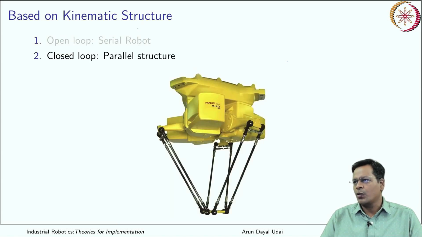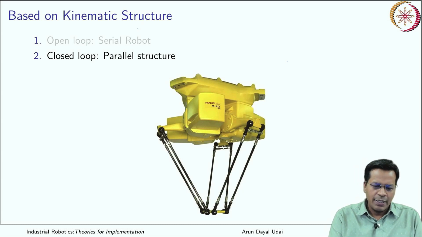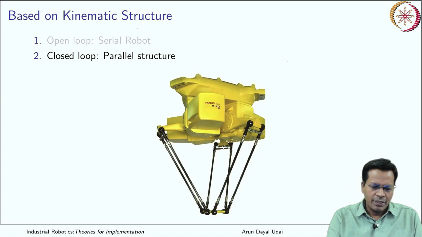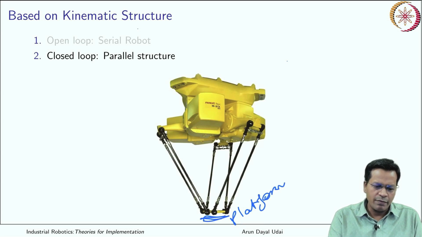And you can have a closed loop kind of robot which is a parallel robot. Over here what you see, it has multiple actuators, okay, and there is a platform which can move. Then you have an actuator over here, an actuator here, and an actuator here.